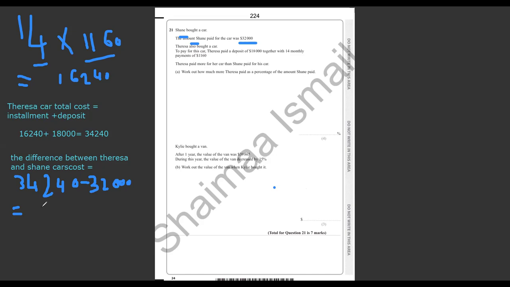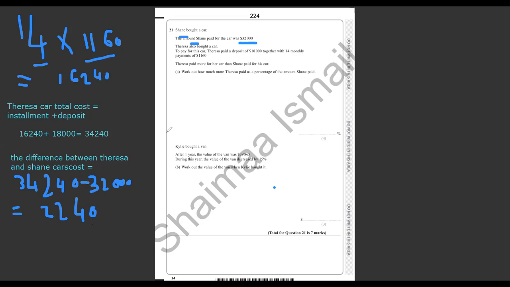So it would be 2,240. And here we just get it by dividing, he says, according to chain.